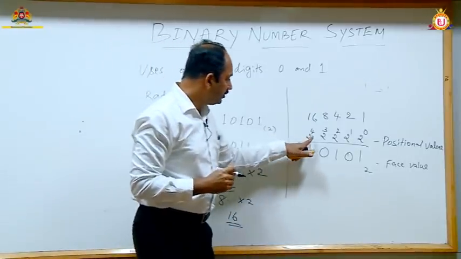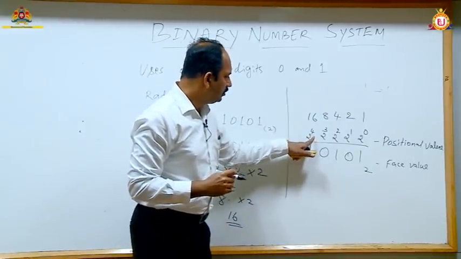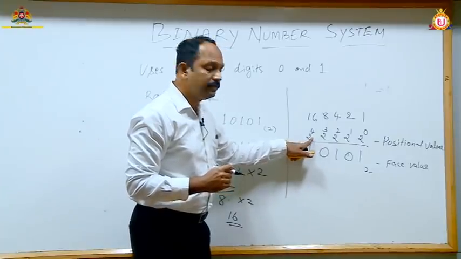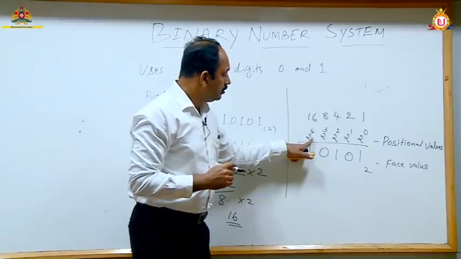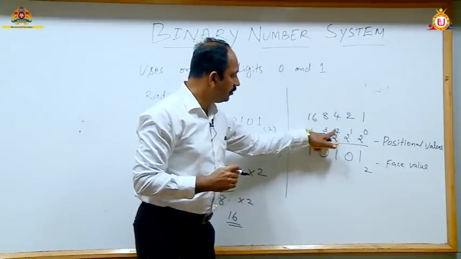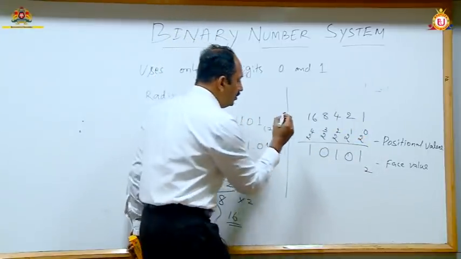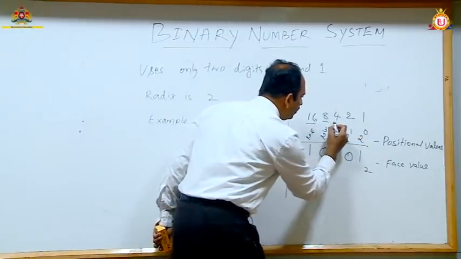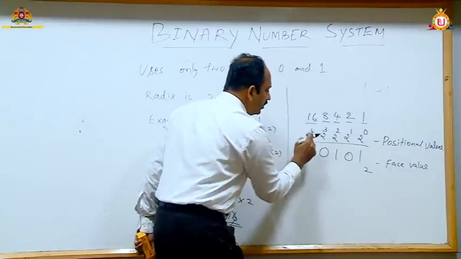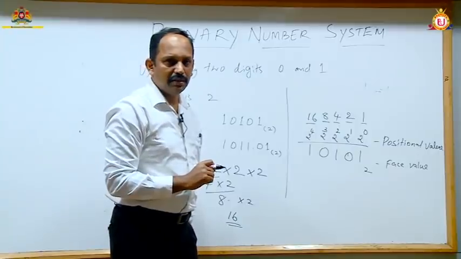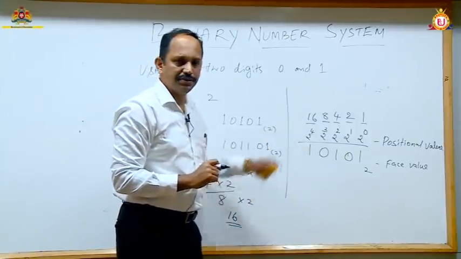Okay, so we solved the positional values, which are given in the form of 2 to the power of 4, 2 to the power of 3, 2 to the power of 2, 2 to the power of 1 and 2 to the power of 0. Now this is the resultant value of the base of the number system raised to its position.